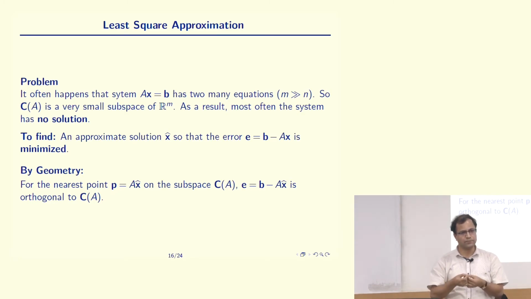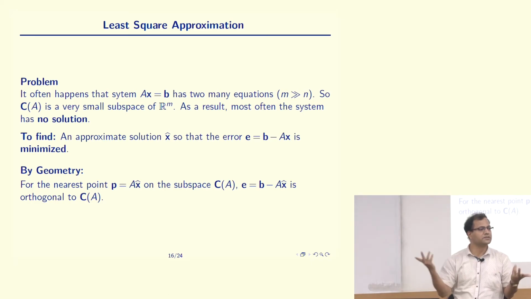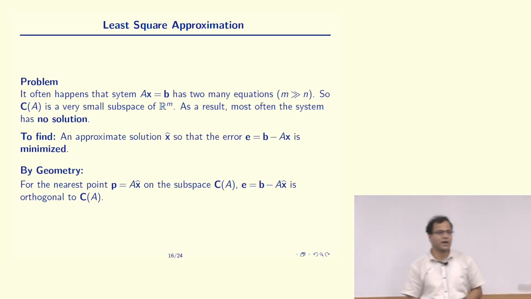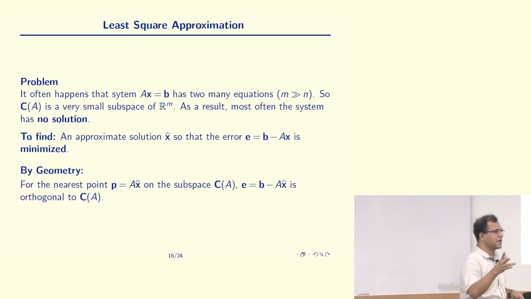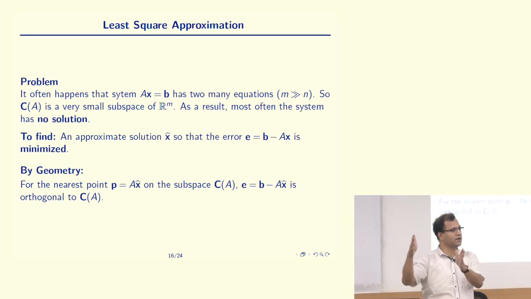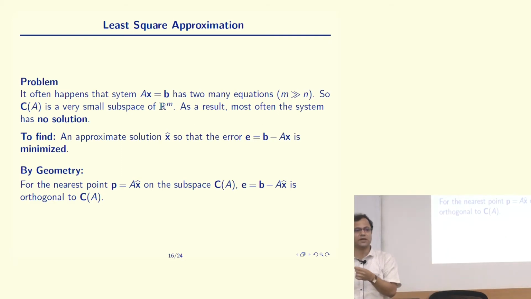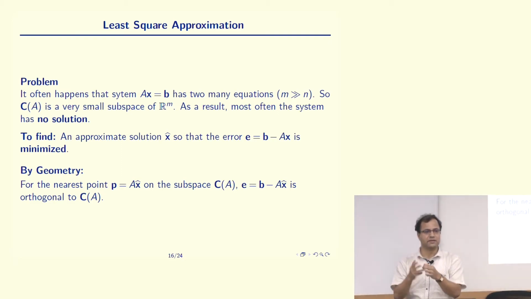So what you need to do? When Ax is equal to B is not solvable, you multiply with A transpose on both sides, get a system of normal equations, and solve them. Your m is 100, but n will be say 3, so you will get a 3 by 3 matrix, 3 equations with 3 variables.